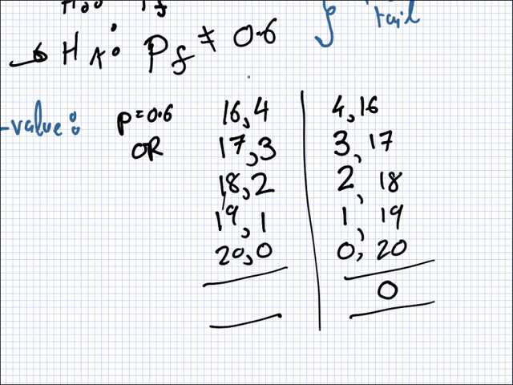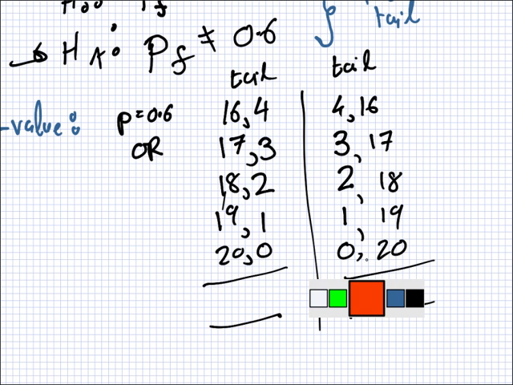So this is basically one tail, and this is the other tail. This is like the mirror image of extreme possibilities.